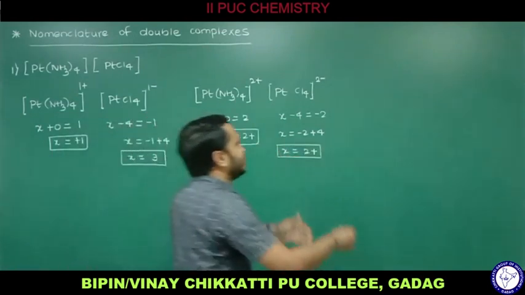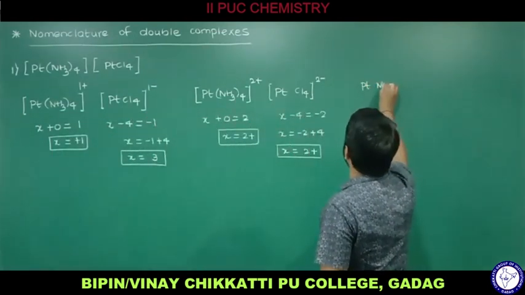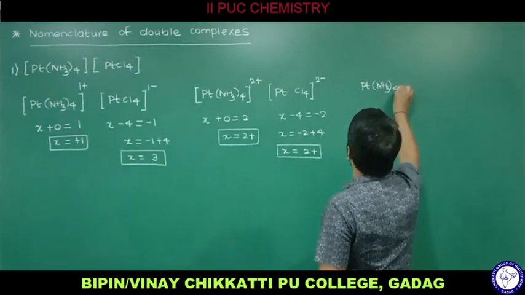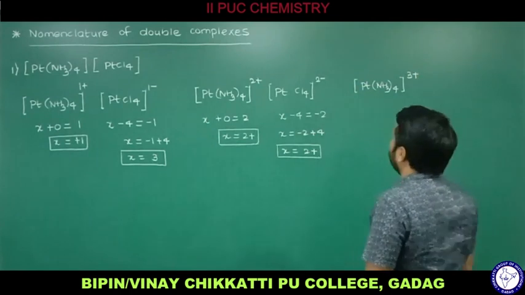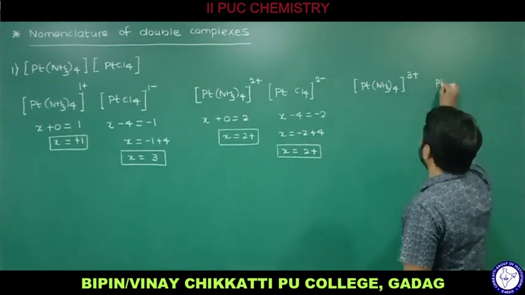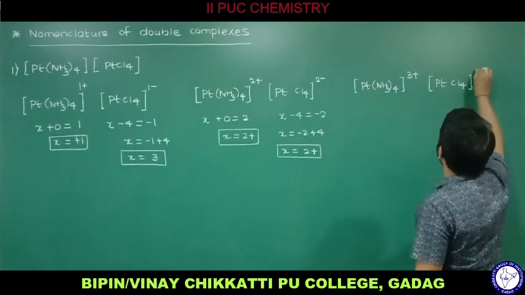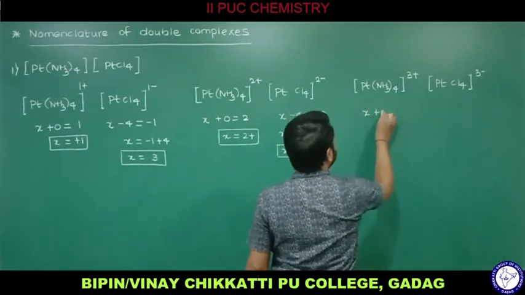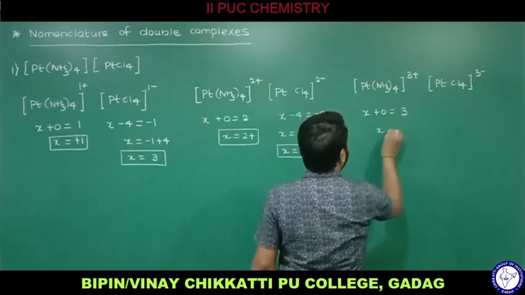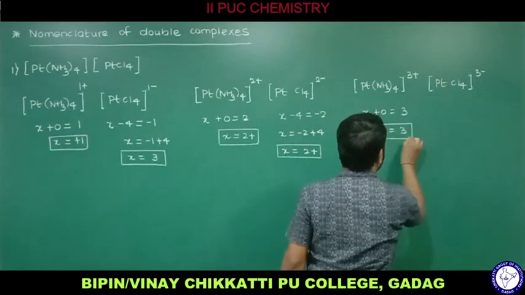Let me move on to the next one. So 3 plus and 3 minus, if you consider. Pt(NH3)4, and 3 plus I consider, and one more complex, PtCl4, and I consider it as 3 minus. We'll calculate the oxidation number X. Since the ligand is neutral, X is equal to 3, so we get 3 plus as the oxidation number.